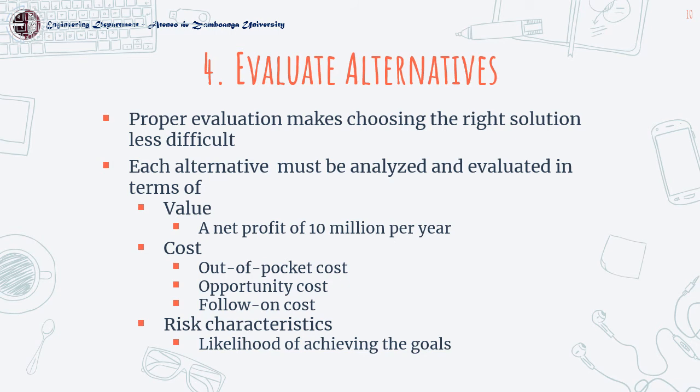So which one will you choose? The one that will give you a net profit of 10 million at 10% probability, or 5 million profit but at 80% probability of success. So that's how you're going to evaluate your alternatives.